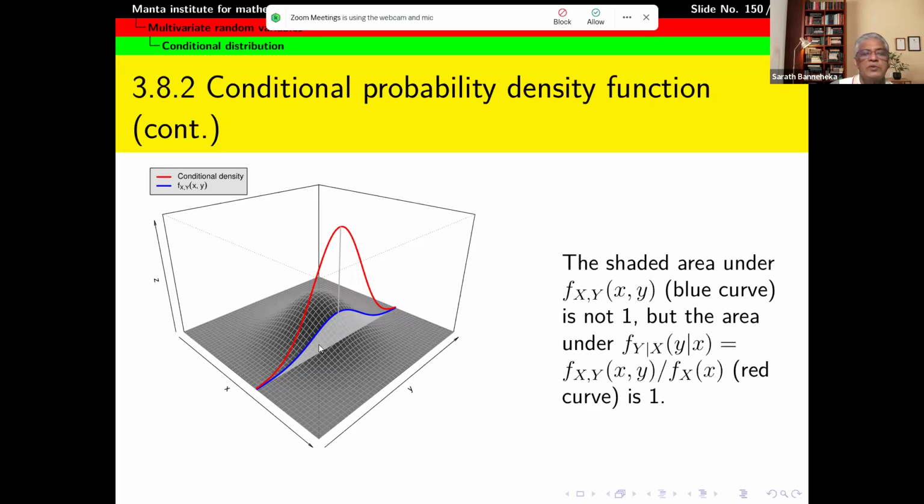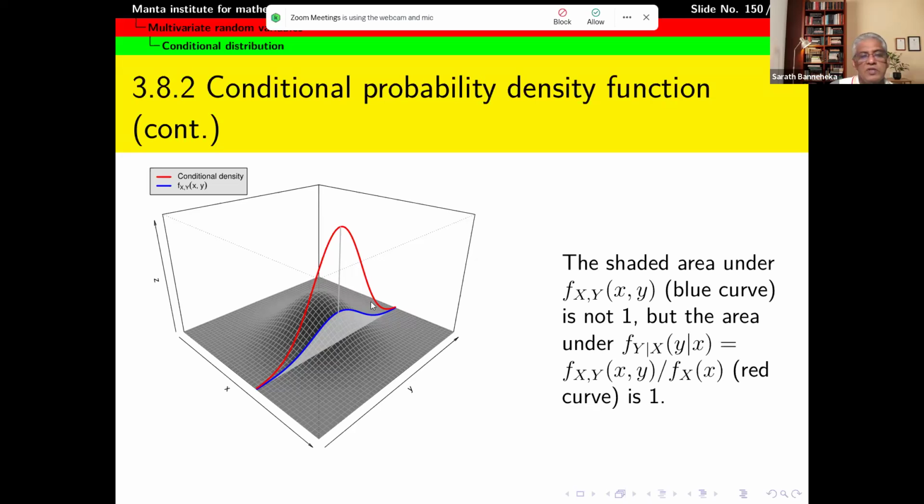Therefore, we have to divide the density by this area here. Well, not the area. We have to divide the density by the density of x at x naught. Then when you integrate that normalized, conditional density, that will be this red curve, right?